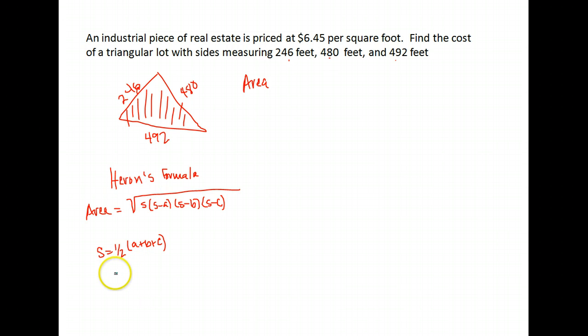The first thing I would do is calculate my S for the formula. So I do 1/2 of the three sides added together. I'm going to add 246, 480, and 492.